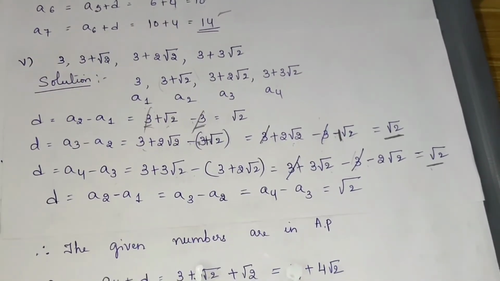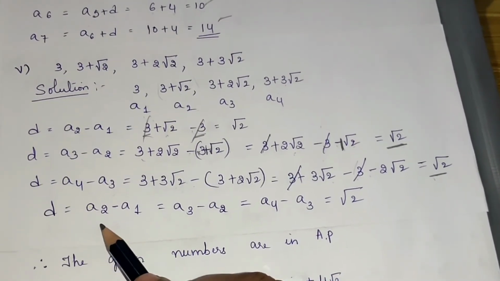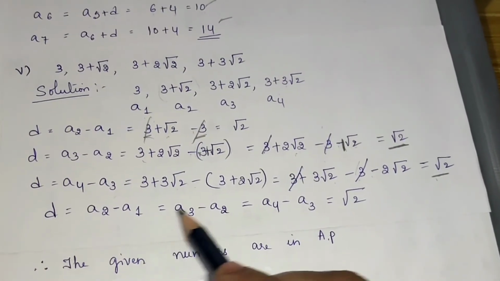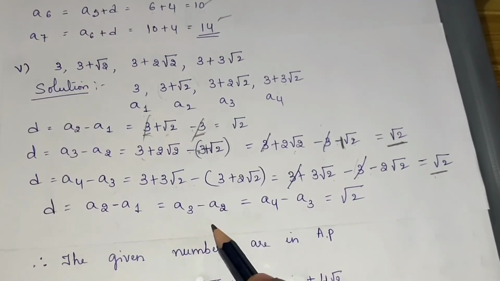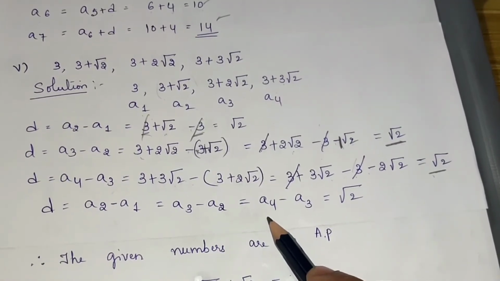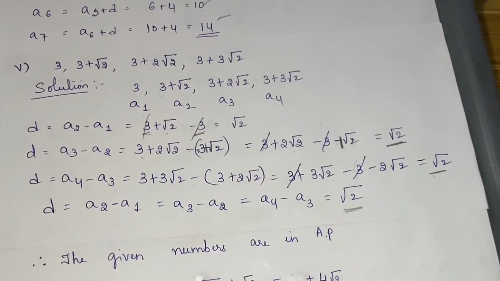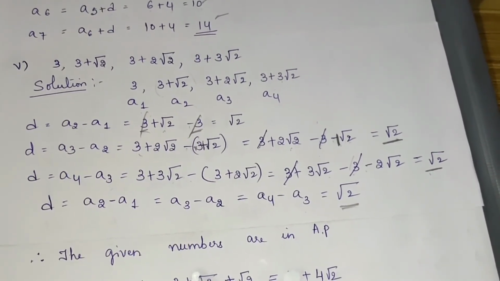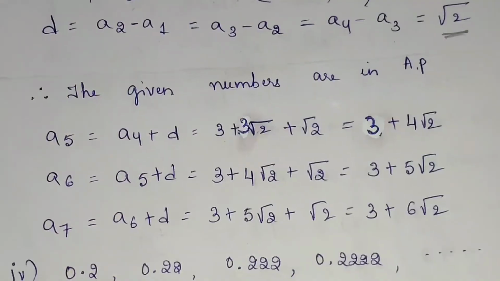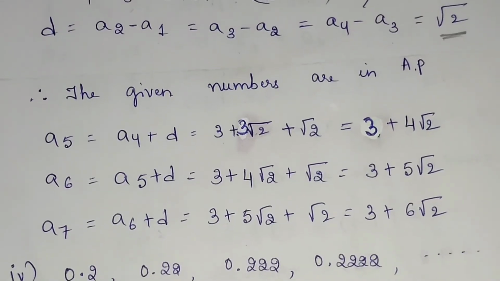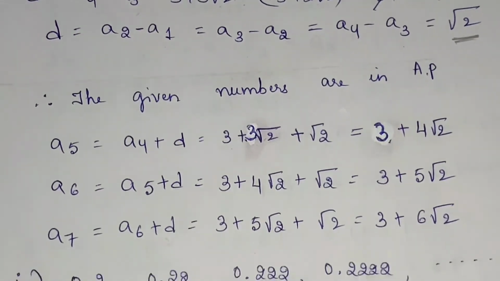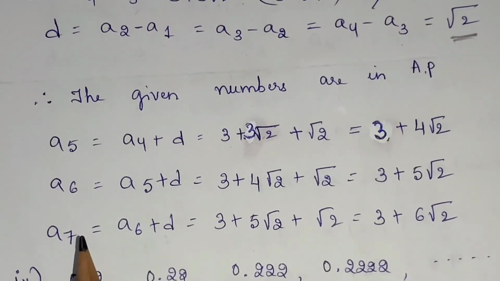Hence you can write it as D is equal to A2 minus A1, which is as good as A3 minus A2, which is the same as A4 minus A3, all equal to root 2. Hence the given pattern is in AP. The next step is to find 3 more terms, that is A5, A6 and A7.